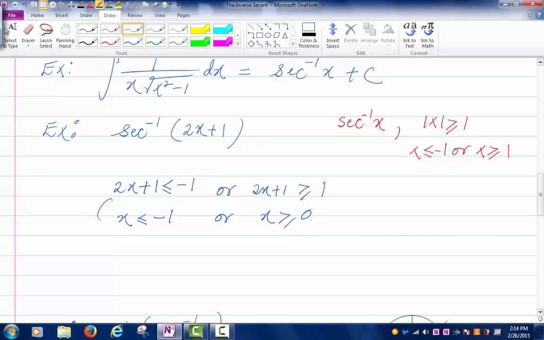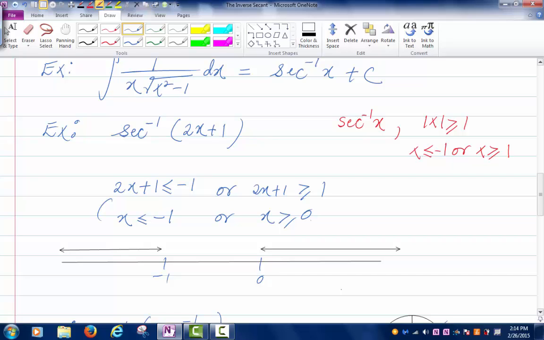So what's the domain? Well, you should probably draw the real number line to see what the domain is. Here is say negative 1, here is 0. And the domain is either x bigger than 0 or x less than negative 1, right?